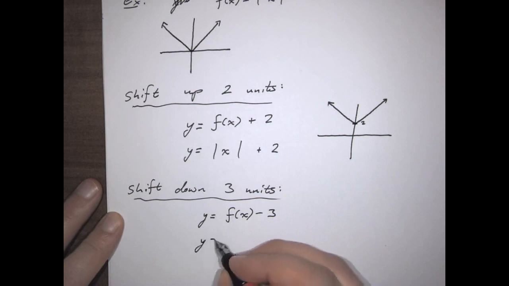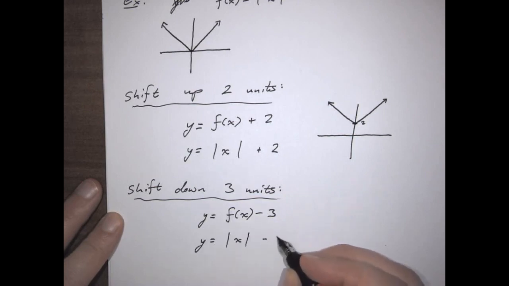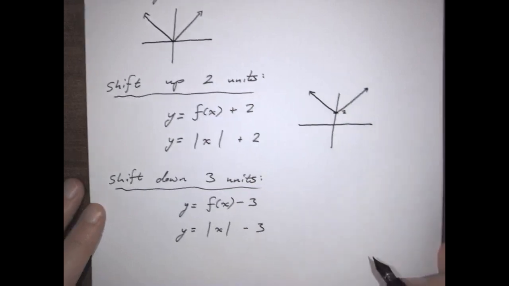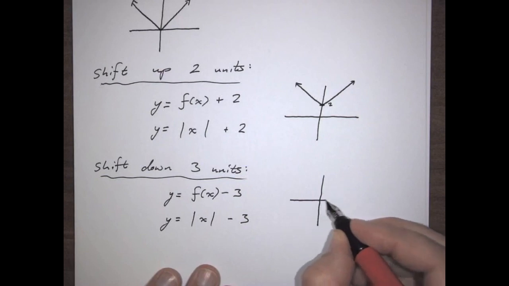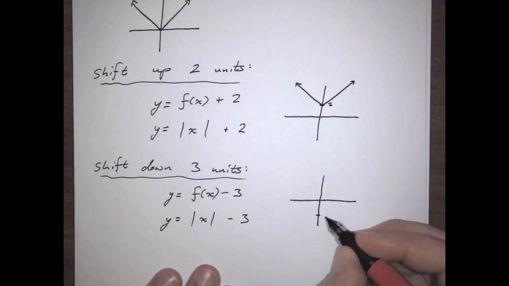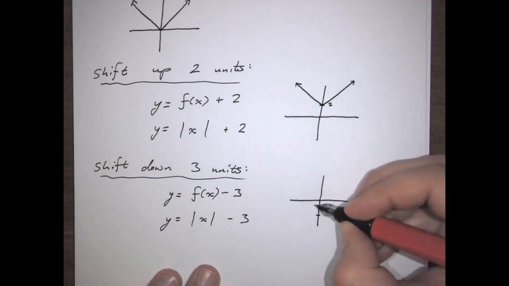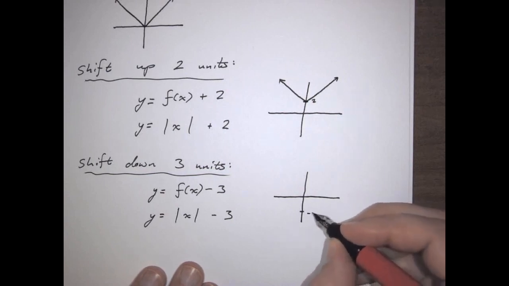In other words, in this case, y equals absolute value of x minus 3. So it's going to again keep the same V shape, but now the corner of the V is not going to be at the origin anymore, not going to be at the point 0, 0, but it's going to be at the point 0, negative 3.